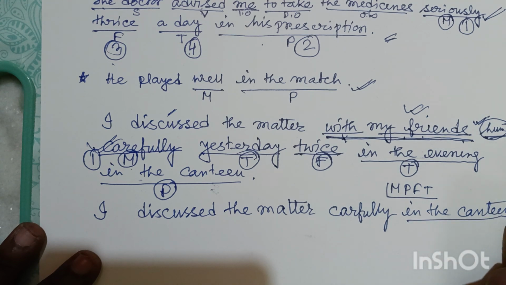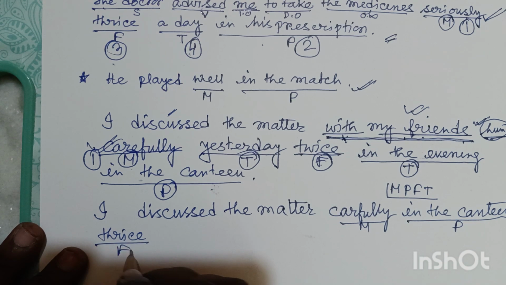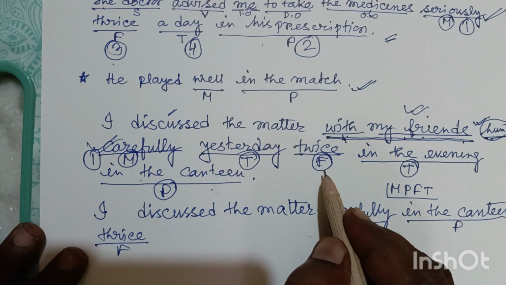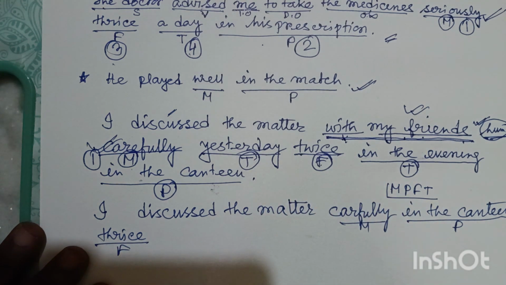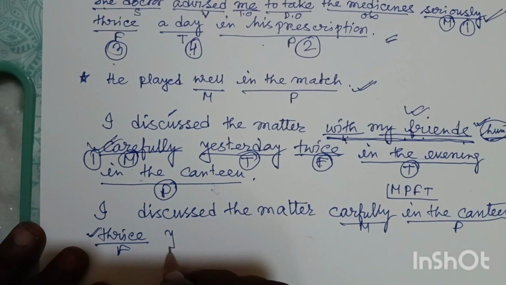So it is place. M is done, P is done. Then F, frequency. Thrice. Frequency is done. Thrice or twice, whatever it may be. It was twice. So, think about it twice. Then time, that is yesterday.